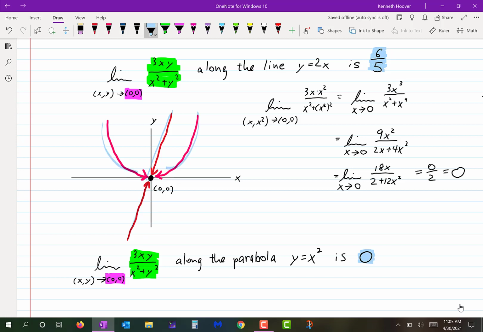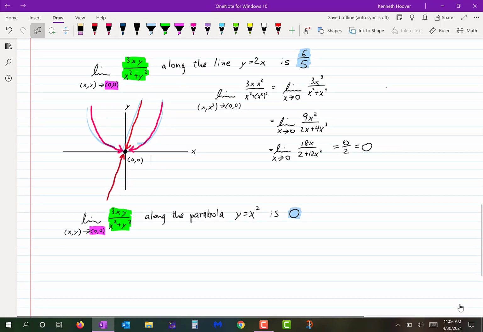What does that tell you? Well, it tells you the exact same thing as, for instance, in Calc 1, if you had a function where the left-handed limit does not equal the right-handed limit. It's getting different limits from different directions. It means the two-sided limit doesn't exist. So same exact thing here.